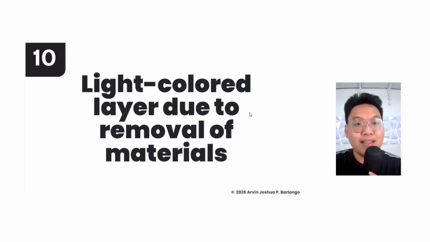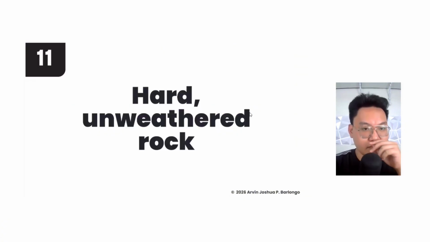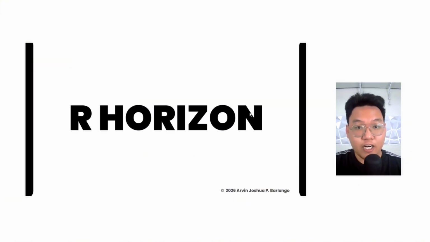Number 10, light colored layer due to the removal of materials. The answer here is E horizon. Next, number 11, hard unweathered rock. The answer here is R horizon.